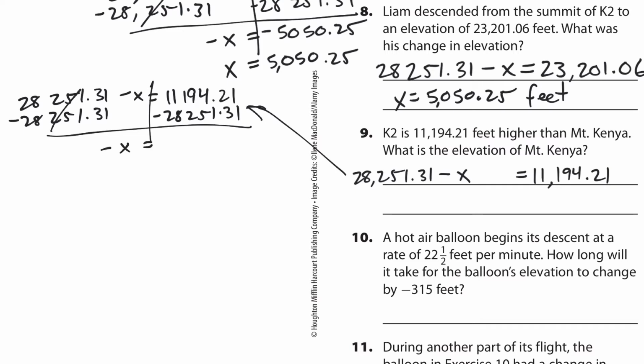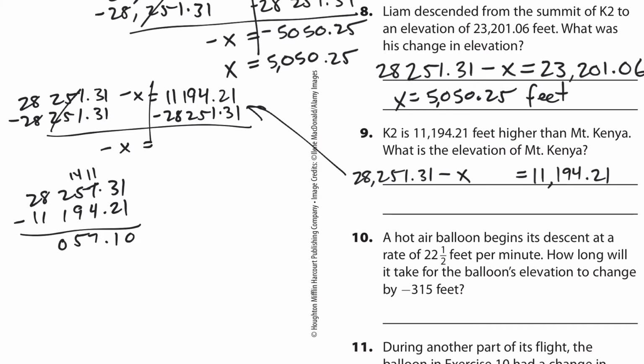And we have to subtract with 28,251.31 on top because it's a bigger number, minus 11,194.21. It's 0, 1. 11 minus 4 is 7. This is now 14 minus 9 is 5. That's going to be 0. This is 7, and that's 1. So x is equal to... Oh! This is negative because 28 is bigger than 11, and so it's going to maintain that sign there.